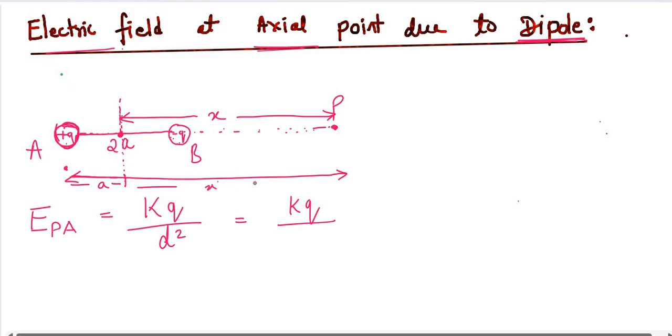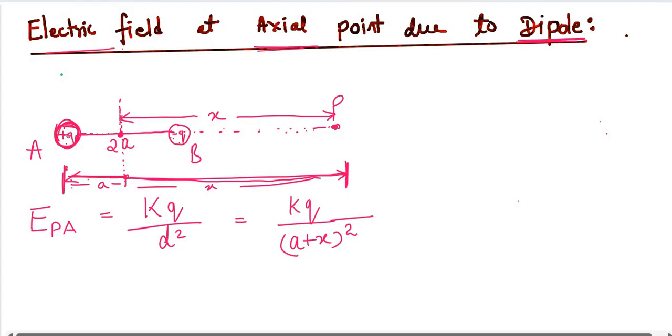Just look carefully. What is the total distance between A and P? It is nothing but a plus x. So this is the first value of field at point P.